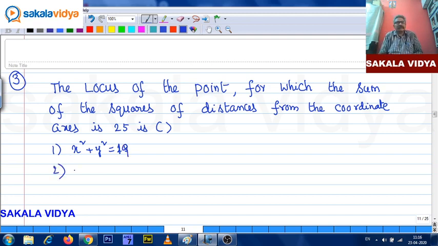Second option, x square plus y square is equal to 25. Third option, x square plus y square is equal to 32. Fourth option, x square plus y square is equal to 29.